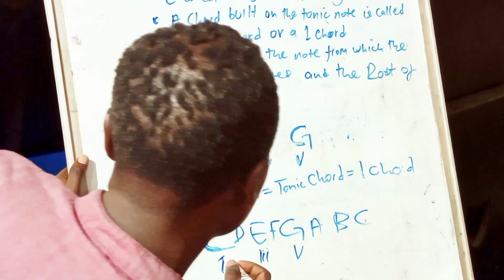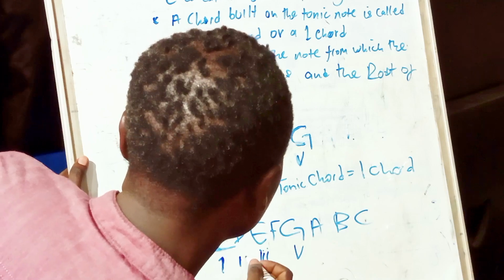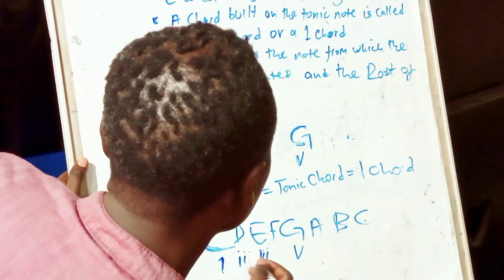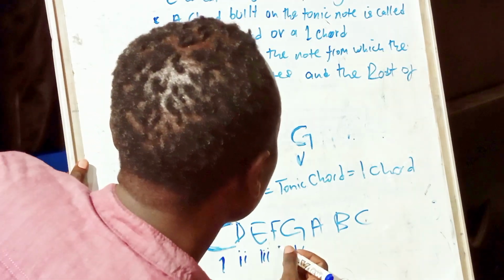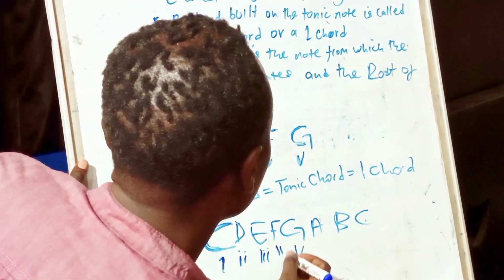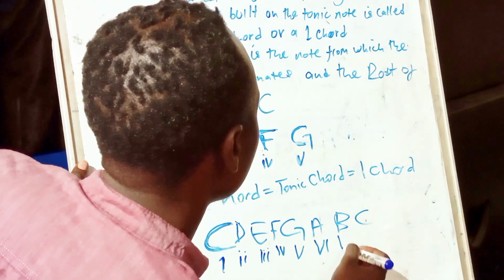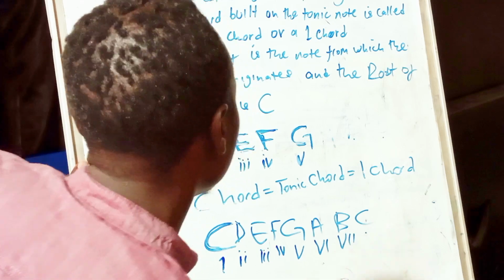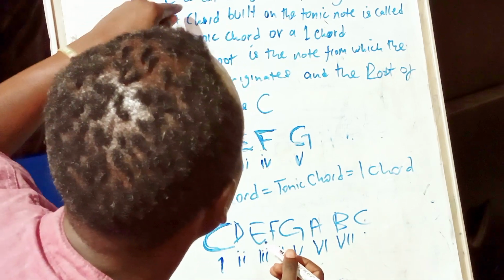So tonic is our 1, the first place. Then the second place, second degree, third degree, fourth degree, fifth degree, sixth degree, seventh degree, and then the eighth degree.